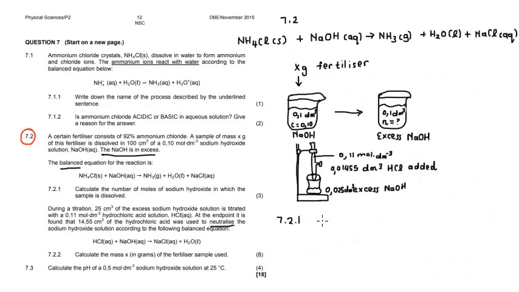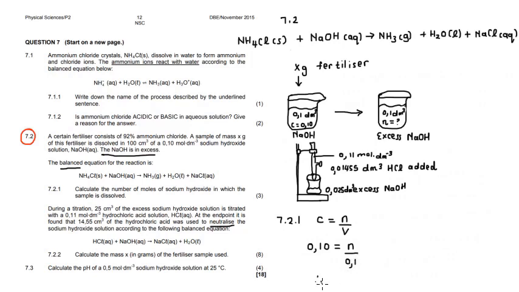That's going to be easy because we can use the formula concentration equals number of moles divided by volume. The concentration of sodium hydroxide was originally 0.10 moles per decimeter cubed. We're looking for n, and the volume is 0.1 decimeters cubed.